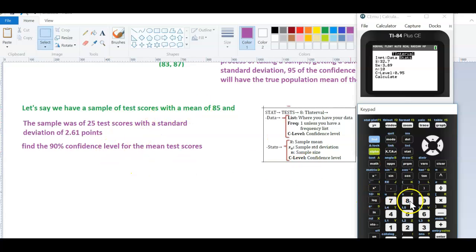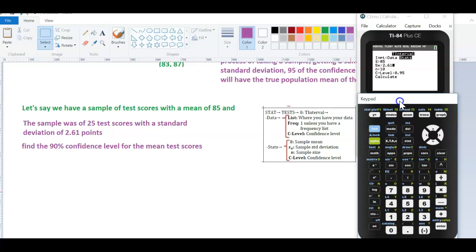So this had a mean of 85. It had a sample standard deviation of 2.61. The number of data points was 25.